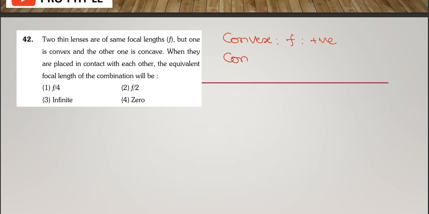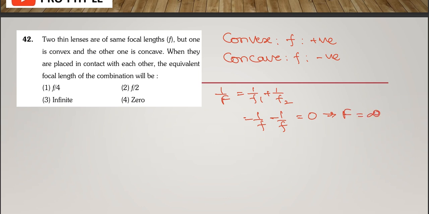For concave lens, focal length will be negative. So what is the equivalent focal length? 1 by f will be equal to 1 by f1 plus 1 by f2, or that will be 1 by f minus 1 by f, because one is convex and the other one is concave. So the net is 0, and the focal length will be infinity.